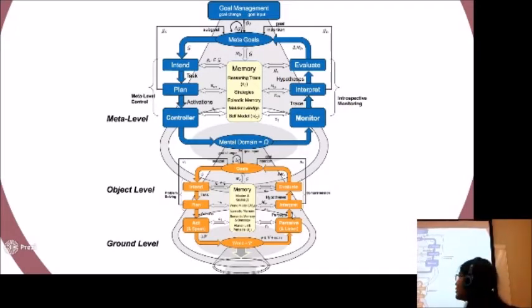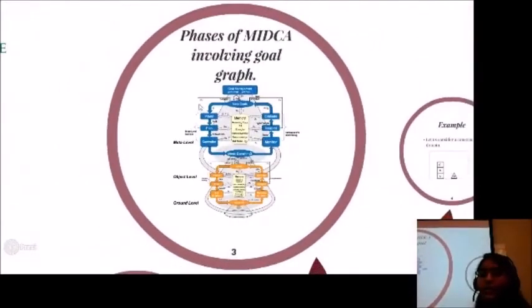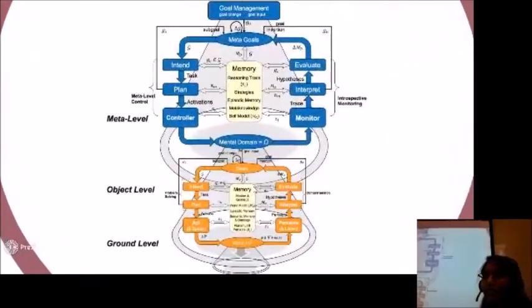And the evaluate phase just monitors the act phase, and then it checks if the goal is achieved or not. At present the goal is not achieved, so it doesn't do anything. And then the intend phase would select the first goal, which is on of AB, and then give it to the planner.